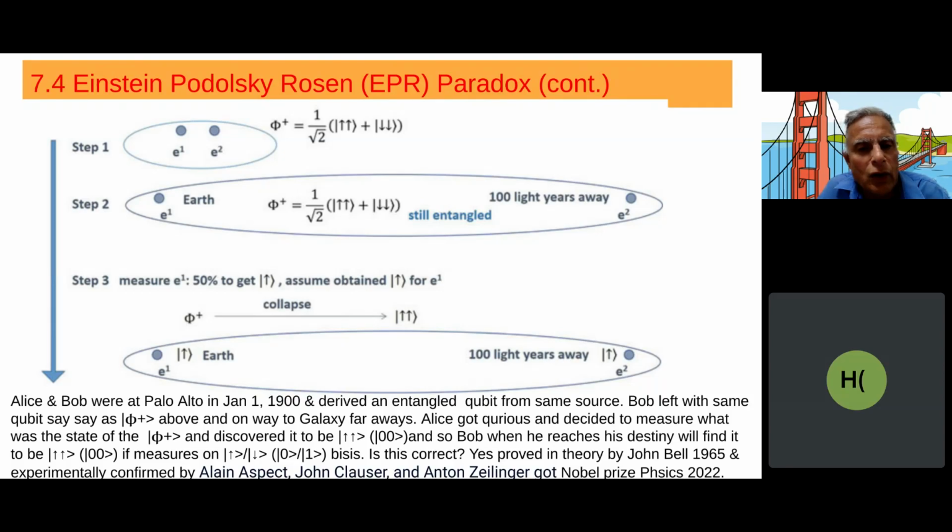So essentially, one had to prove through probability. Bell in 1965 wrote, based on some probabilities, that this cannot happen, because you cannot have a value greater than 2, whereas with this 1 by root 2 and all that, the computation comes to 2 root 2, which is greater than 2.